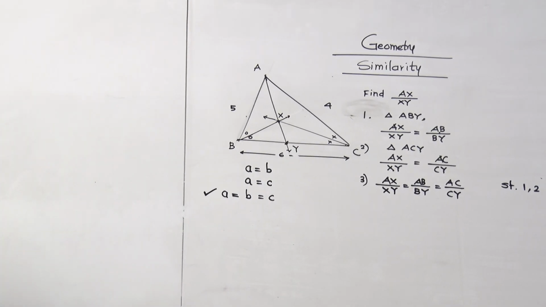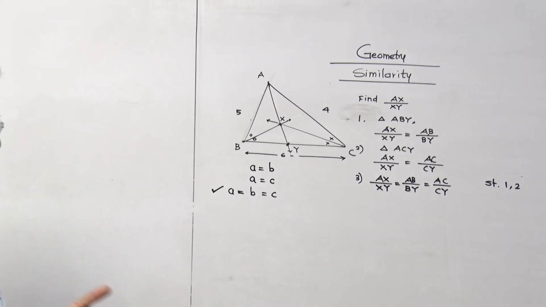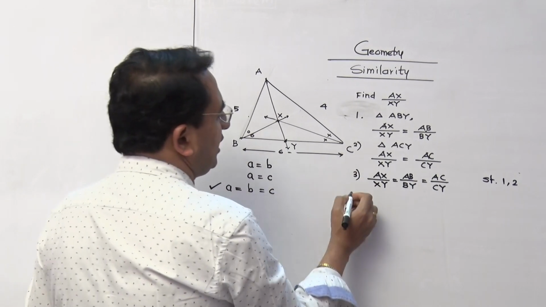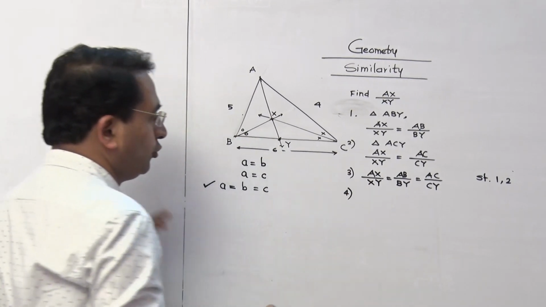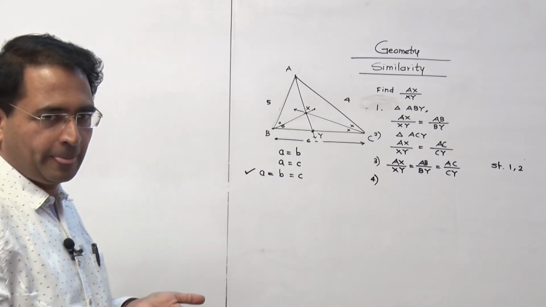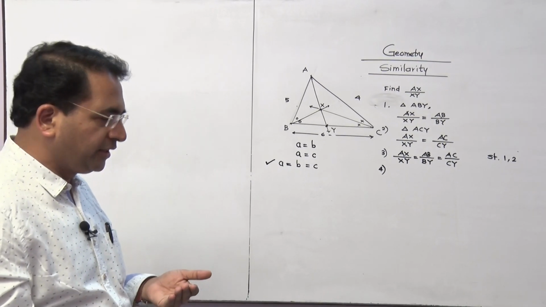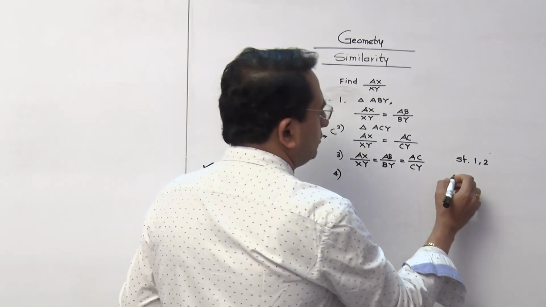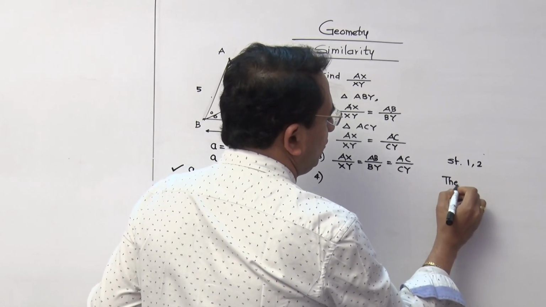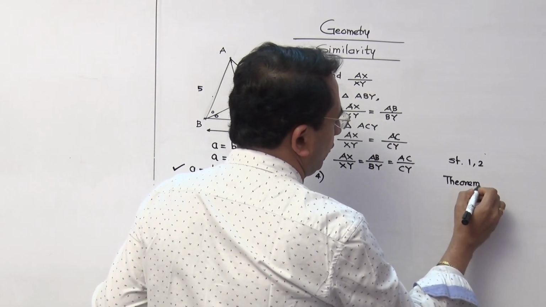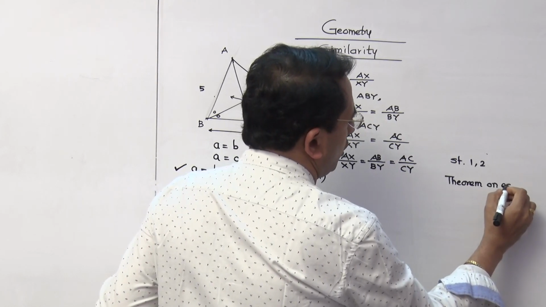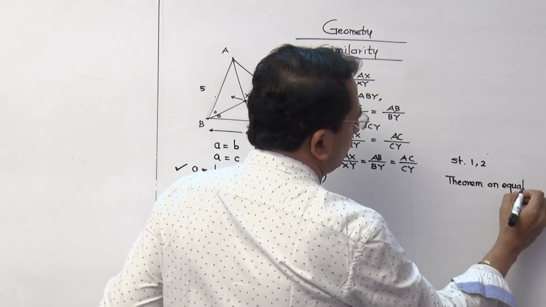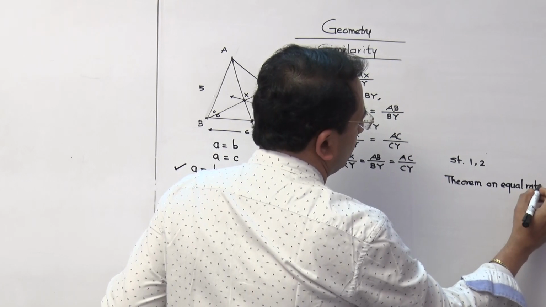Now there is one typical question which is asked, and we have to use it in trigonometry also. You must be aware that there is something called the theorem on equal ratios. So I am writing the reason first, I will implement it afterwards. Theorem on equal ratios. What is that?